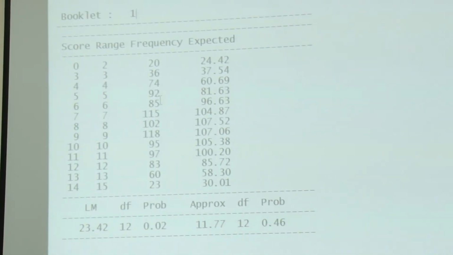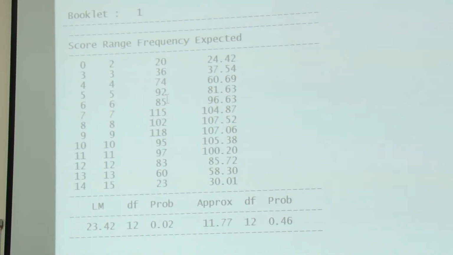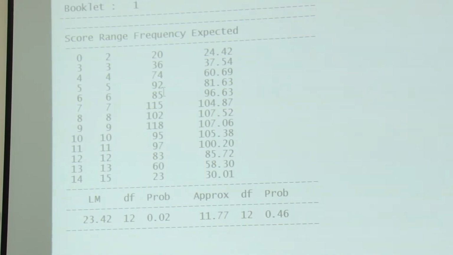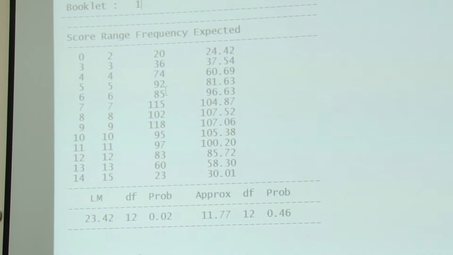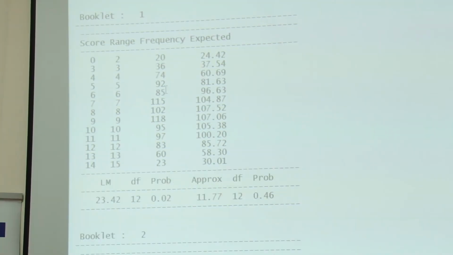Then you see a frequency distribution, that is the number of students attaining such a score, and you see the expectation under the model. The frequency distribution and its expectations should match. They should be close enough. So that is also a Lagrange multiplier test. And here at the bottom you get the outcome of the test, and a significance probability and stuff like that. Okay, so that is the whole story about Lagrange multiplier tests.